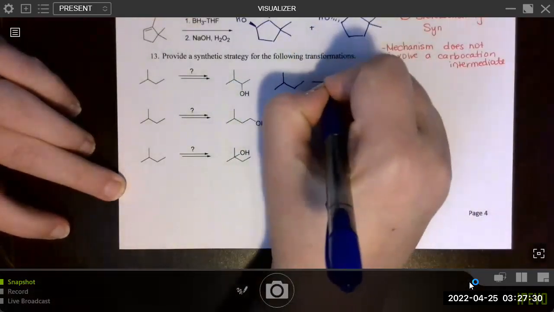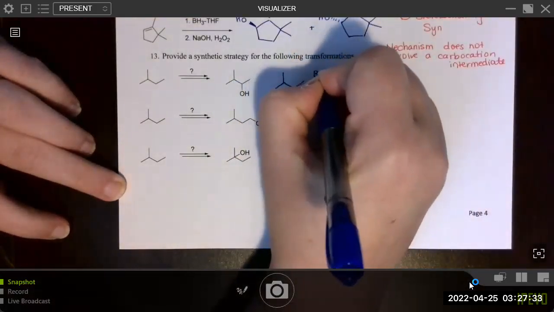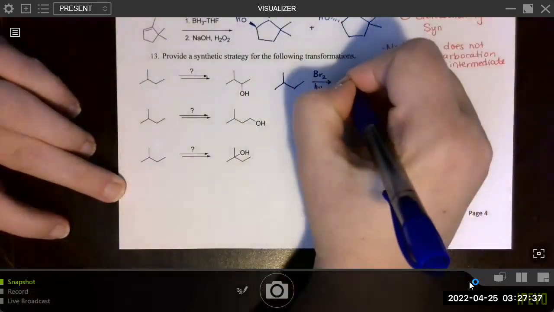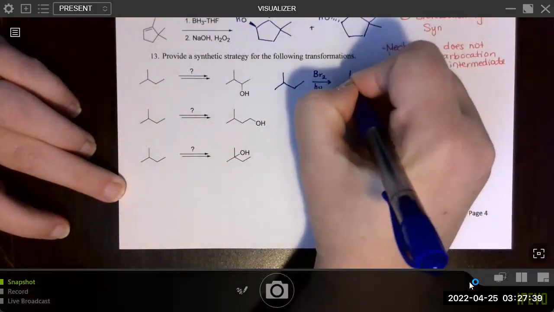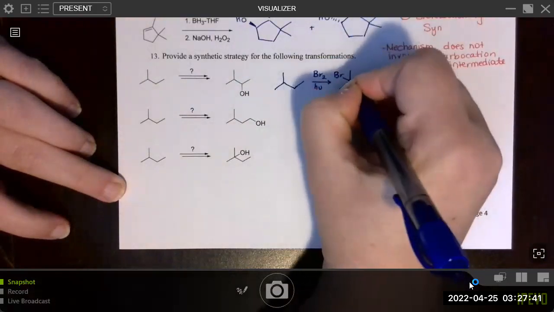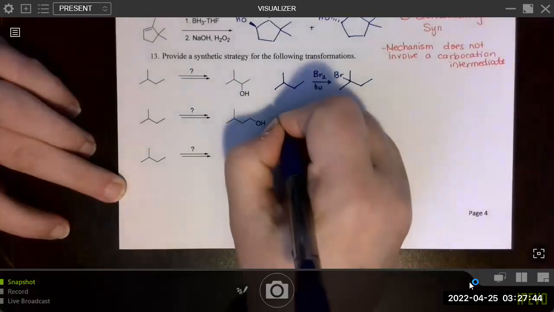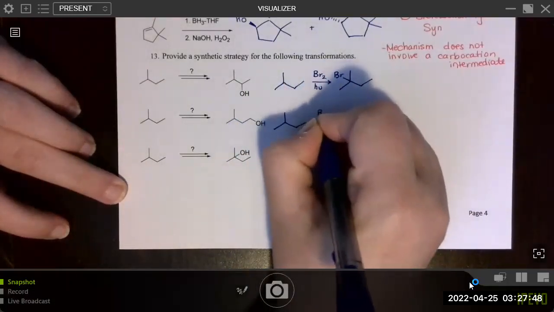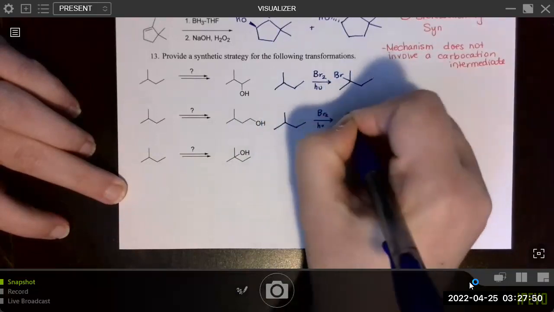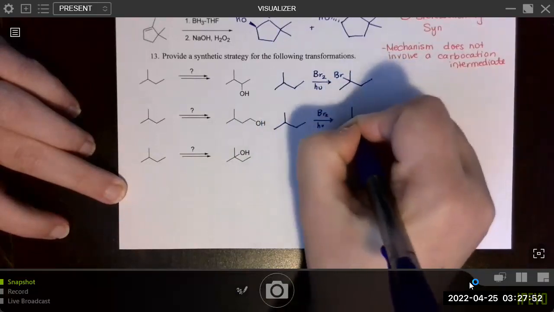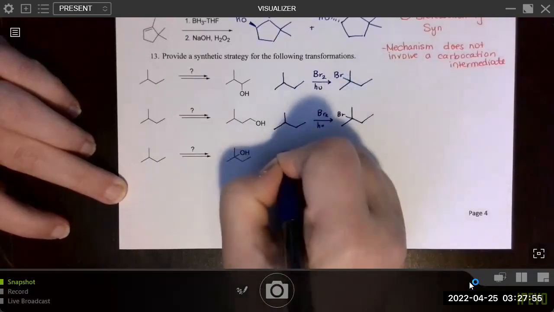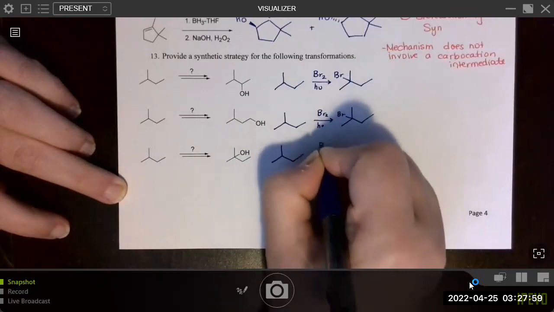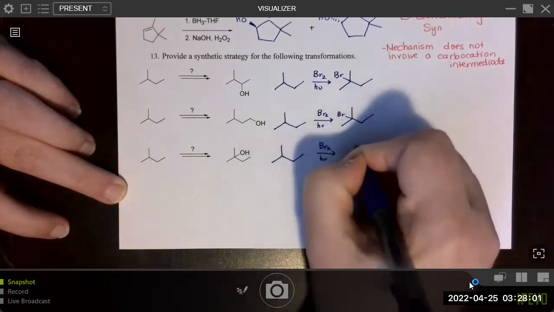You only have one. Right? You have to do radical halogenation. That's going to be the same first step in all 3 pathways. And I know that because I'm starting with an alkane, so I only have one choice. I have to do radical halogenation.